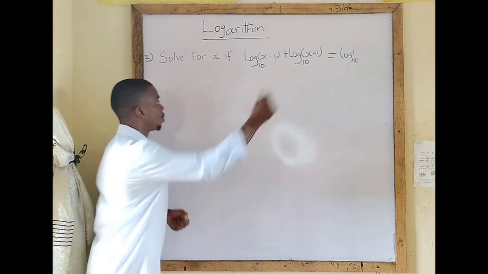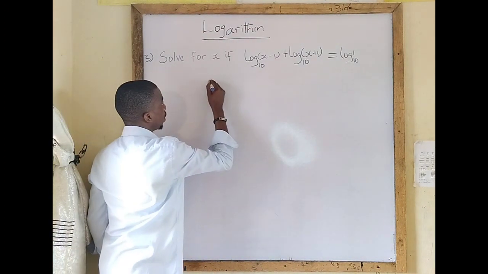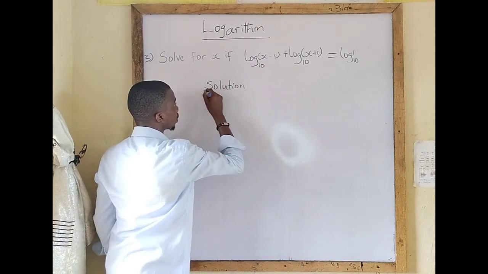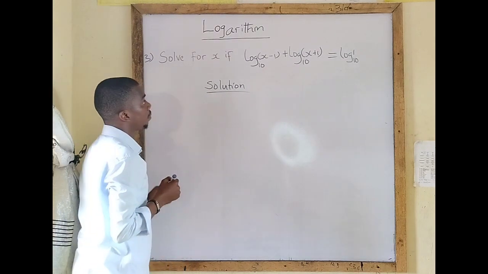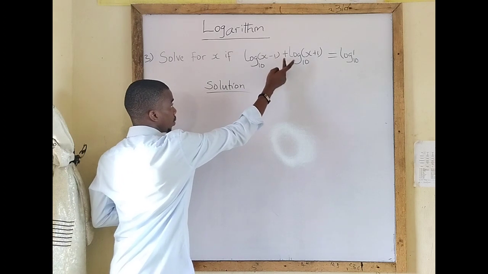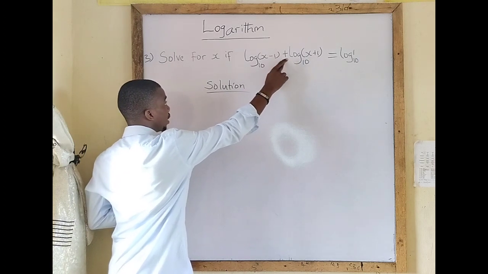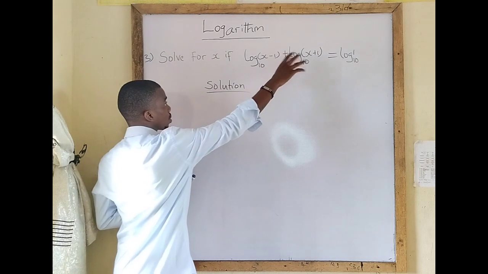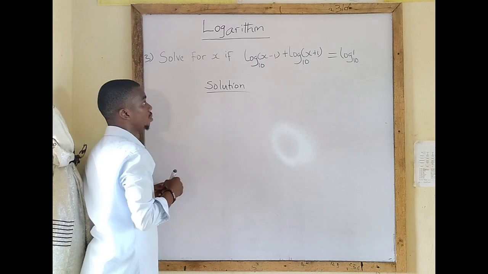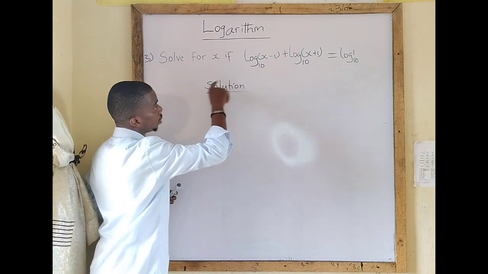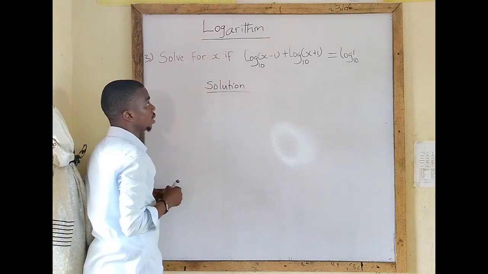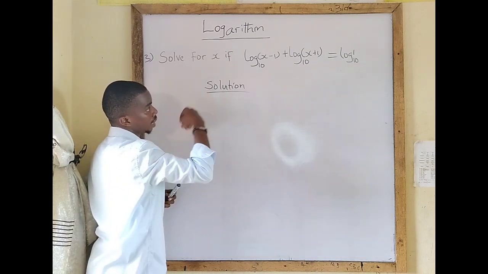So we have our solution, and we are going to apply the addition rule of logarithm here, which says if you have two logs being added, provided the bases are the same, you take it to a single base and multiply.